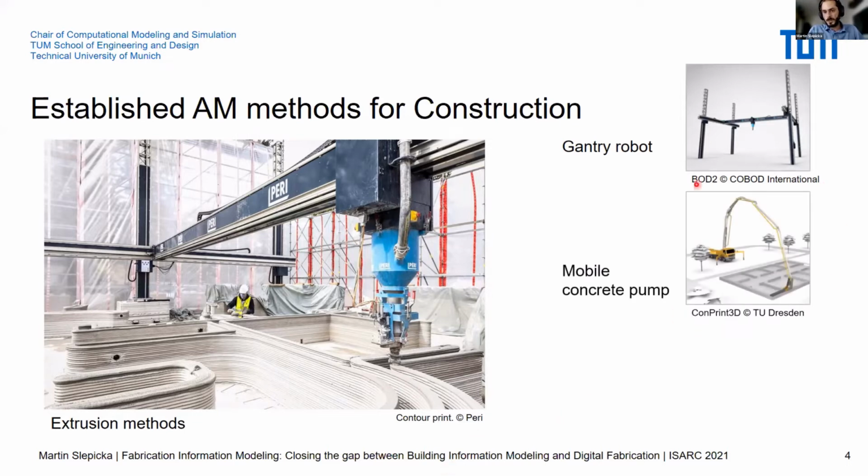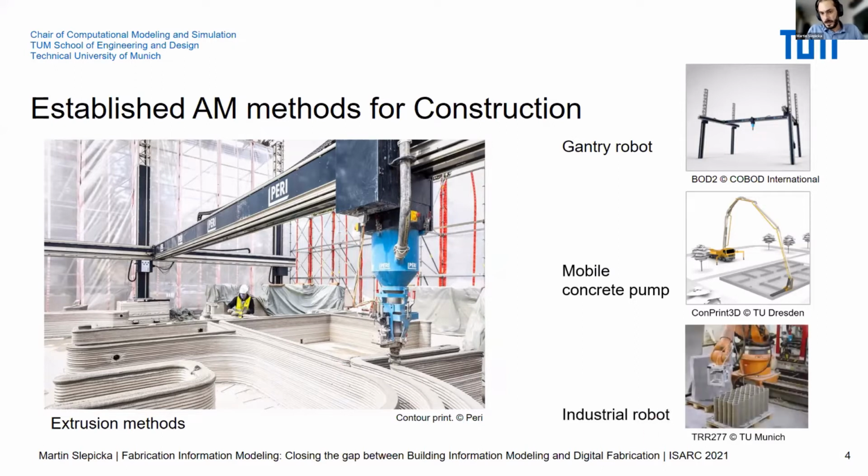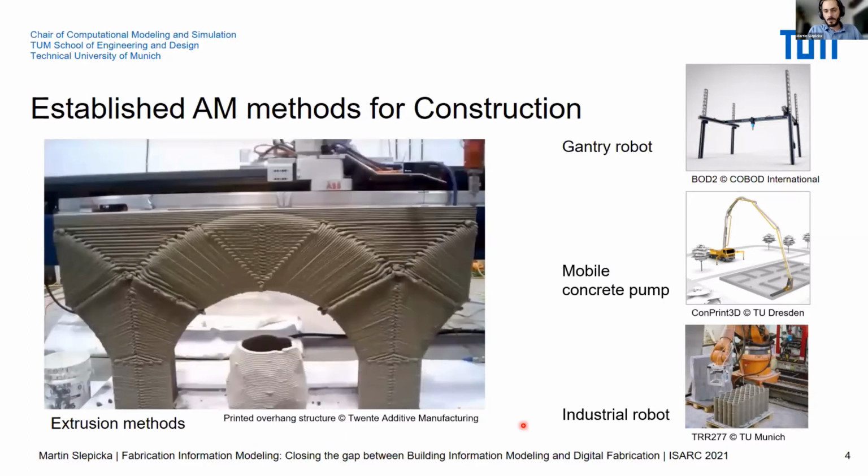They can be used to print a lot more complex structures like these overhanging structures, or they can be used to print on existing material like the reinforcement here. And this is actually a different type of printing. This is called shotcrete printing, which also applies material through a nozzle in an extrusion-based way.